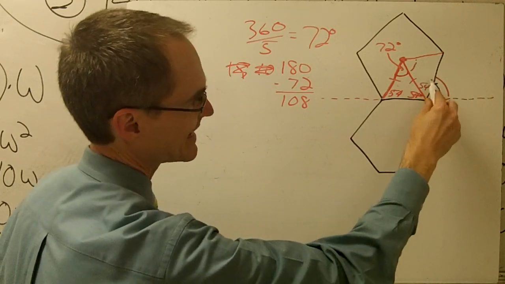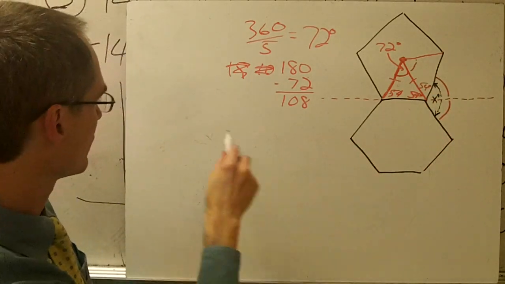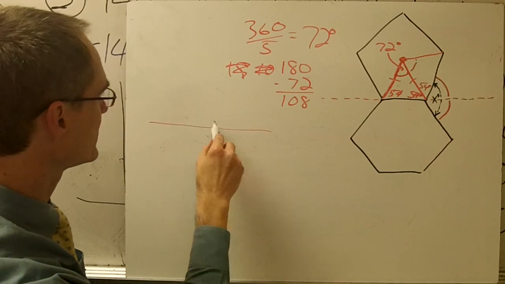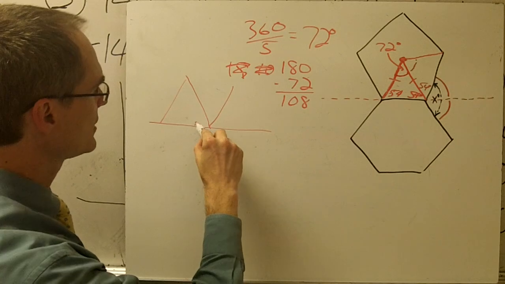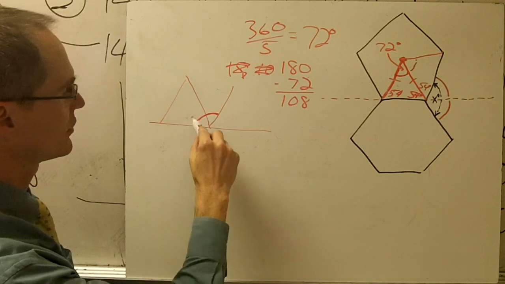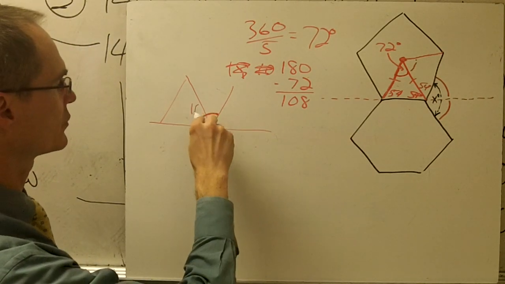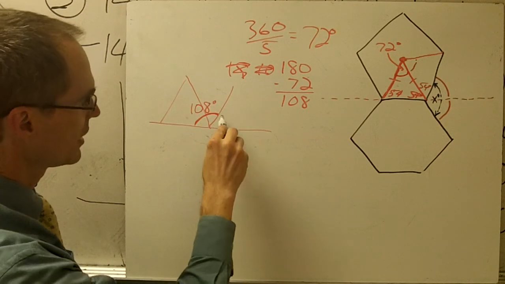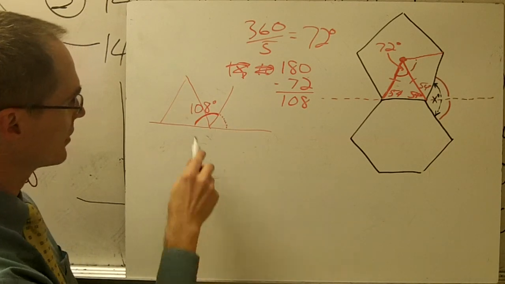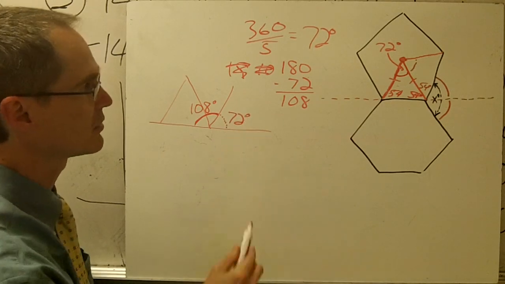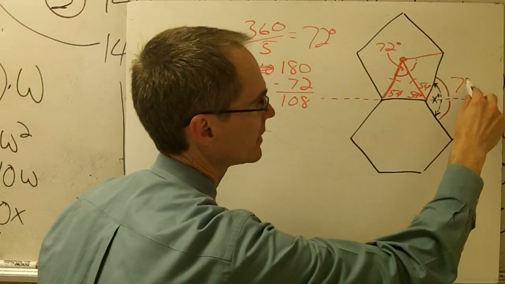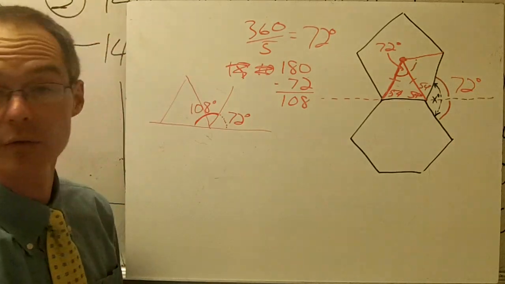Let me redraw just that one piece here. These two angles added up are 108 degrees, which means that this piece right here is going to be 180 minus 108, which is 72 degrees. So now I know that this angle right here is 72 degrees.